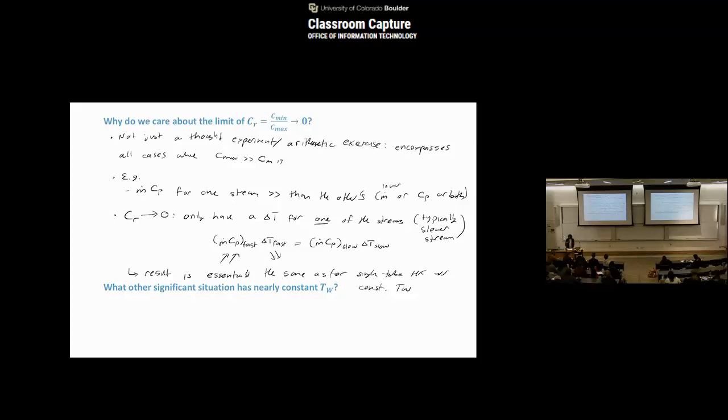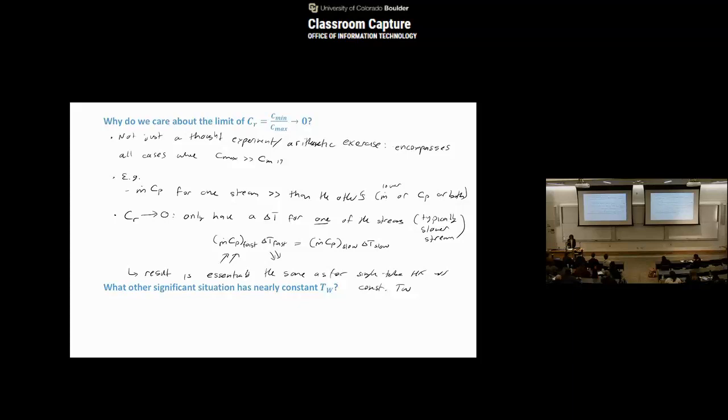Does anyone have any ideas about what another significant situation has a constant T_W? Any ideas? It doesn't have to be correct. Just shout something out. Oh, did I hear something? Insulation. Oh, insulation. Nice. Does that technically count if we don't have two fluids?